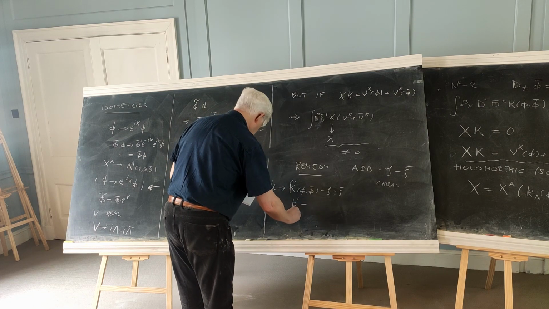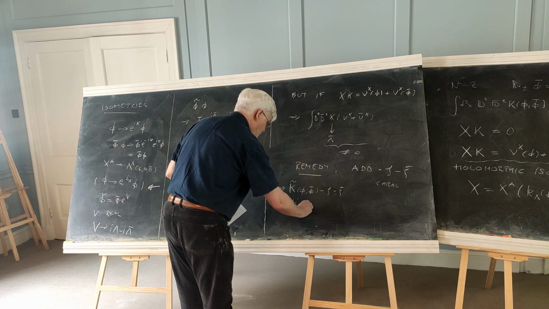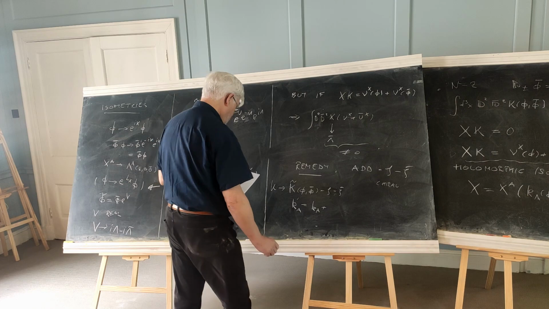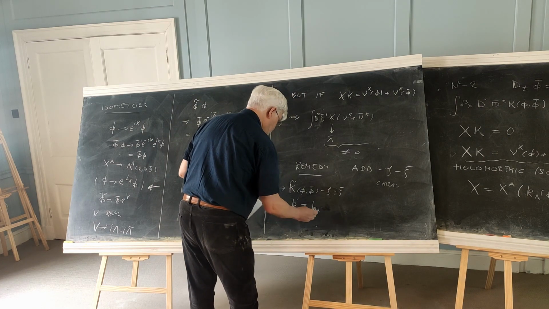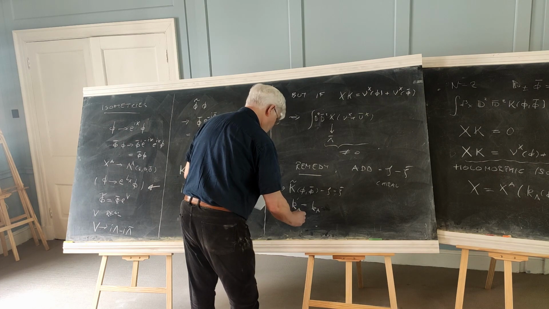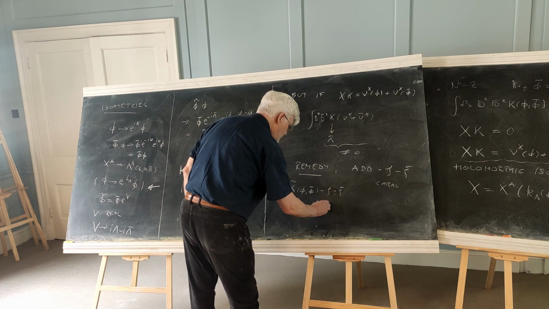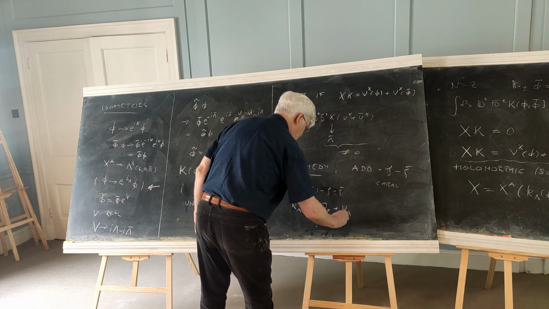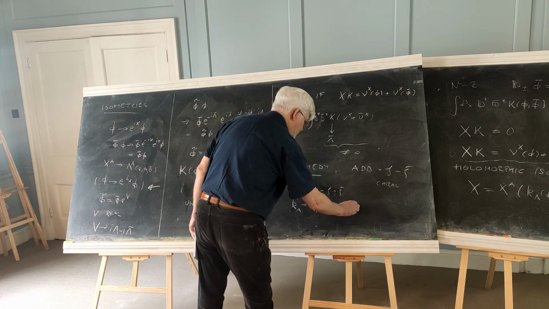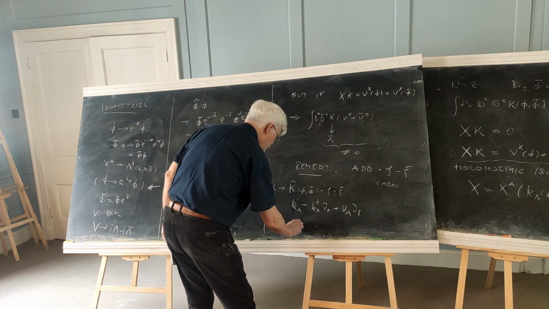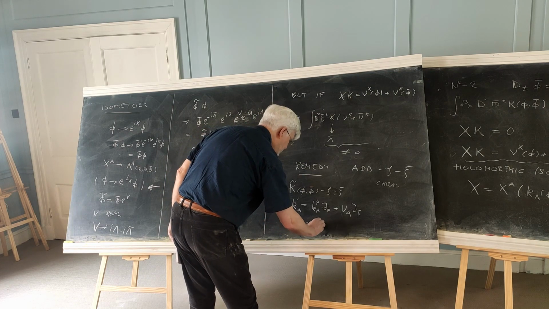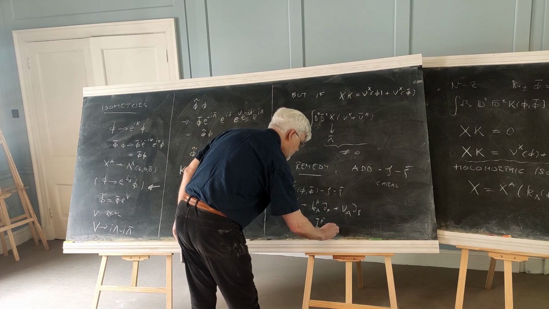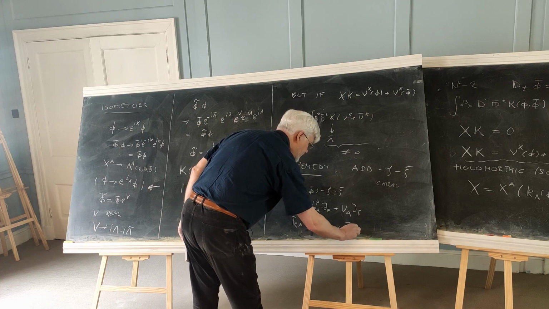So K prime A is K A plus, so it's K A P d P plus, in this case now, eta A d by d zeta. So K bar prime A is K bar P bar d P bar plus eta bar A d by d zeta bar.